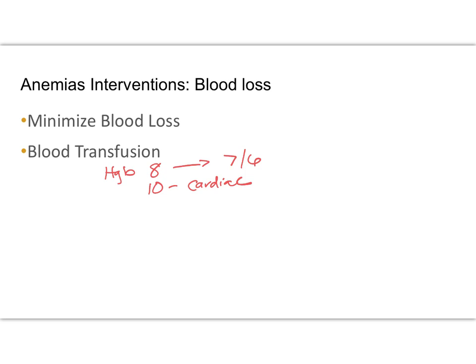If I have poor perfusion, smaller arteries on my heart, I've already got an issue with getting oxygen to the important spots, and now I have fewer trucks delivering. So it's going to impact them sooner than somebody like you or me that has a good, healthy heart and good perfusion. Okay?